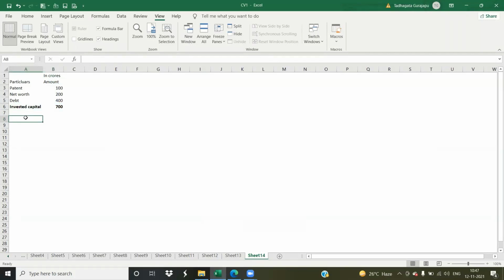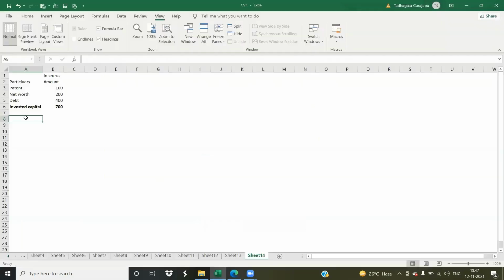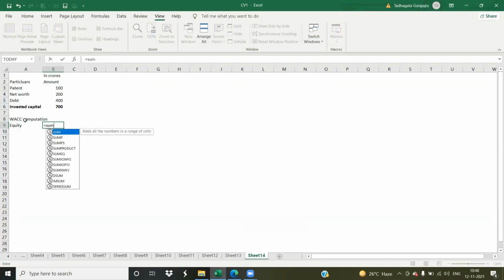So what is weighted average cost of capital, WACC? Equity equals the sum of patent plus net worth, because the patent is not included in books.